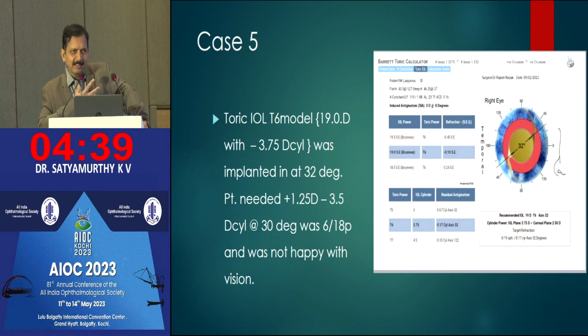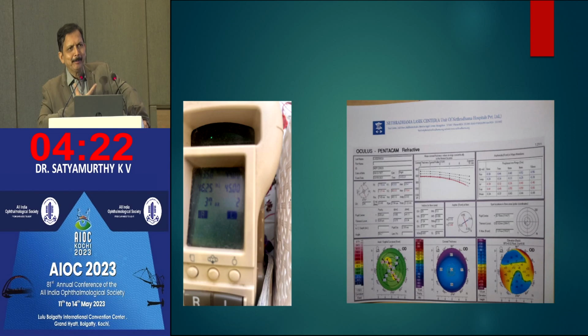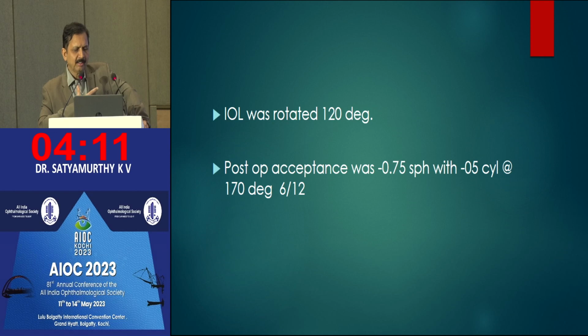Another case where a toric lens was implanted, about 3.75 diopter cylinder. It was implanted at 32 degrees because the chart also showed the same thing, but the patient required minus 3.5 diopter cylinder with additional sphere, and the vision was not good, so the patient was not happy. I checked again: the axis was correct, the corneal astigmatism was correct, the corneal measurements were correct, the topography was normal. So what went wrong?